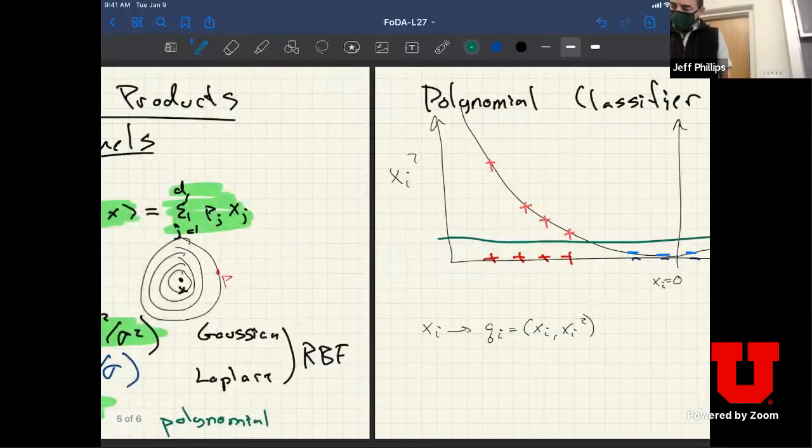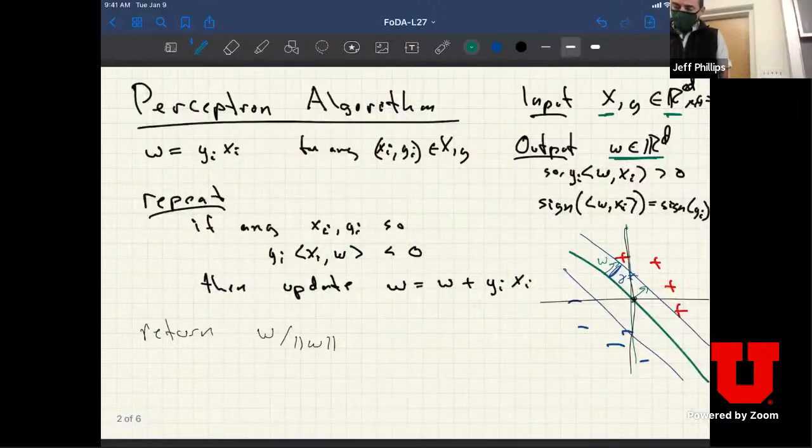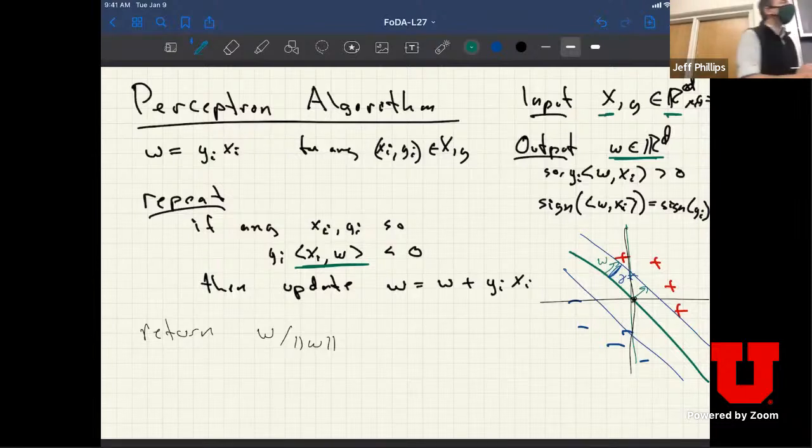If we look back at the Perceptron algorithm, there are two steps where I potentially needed this inner product. Here, this is to check if I misclassified something. Well, I'm going to replace this with w, which is not a data point, but I can replace it with the sum over the mistake vectors.